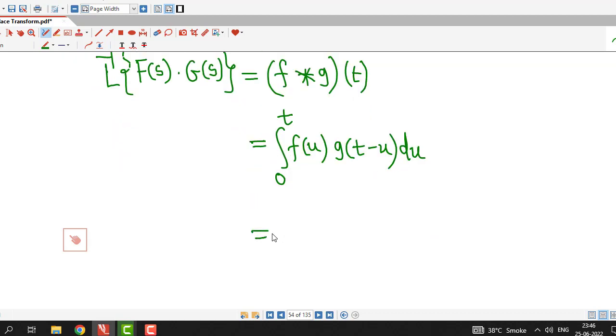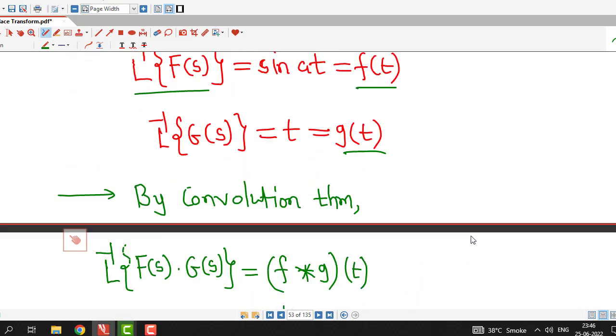F of t is sin at, therefore f of u is sin au, and g of t is t, therefore g of t minus u is t minus u.